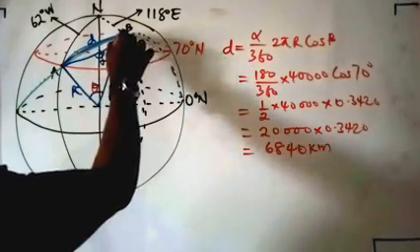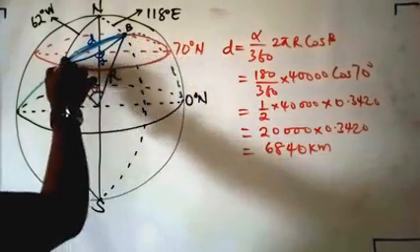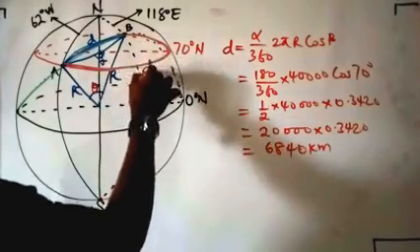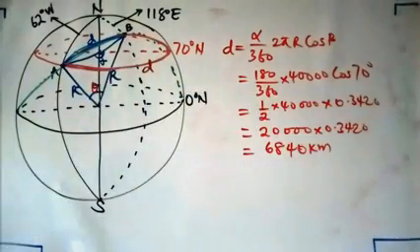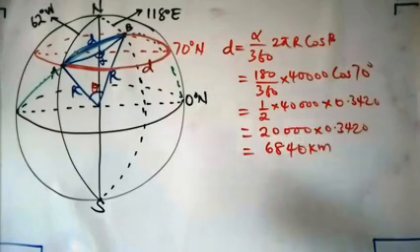So that's the distance if I want to calculate the distance along the latitude from A to B, which is this place. And that's why, if you check my previous video and when you read textbooks, they will tell you that when you have 2 points on the same latitude and you're looking for the shortest distance between them, the distance along the great circle is always the shorter distance.